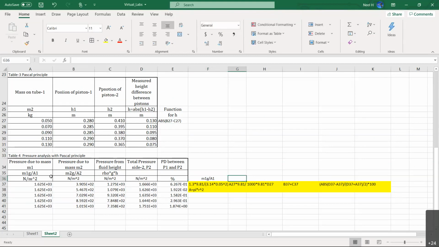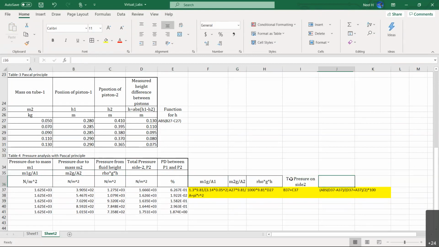All of these functions right here. And this is total pressure on side 2. And then this one is how to do the percentage difference between P1 and P2.